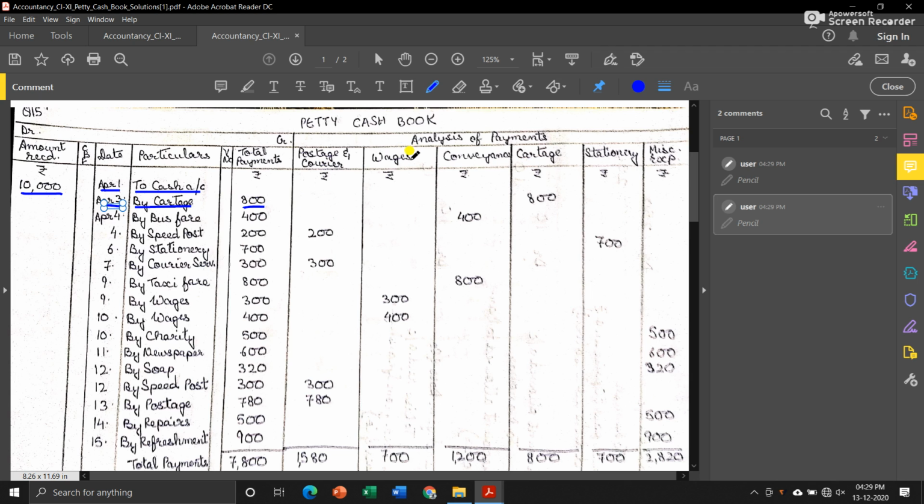It is not postage and courier, wages or conveyance; it comes under the cartage column. We have to be sure the alignment is straight when we record each individual expenditure in its column.